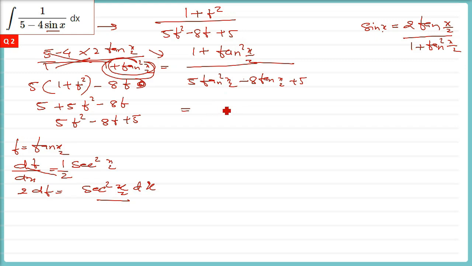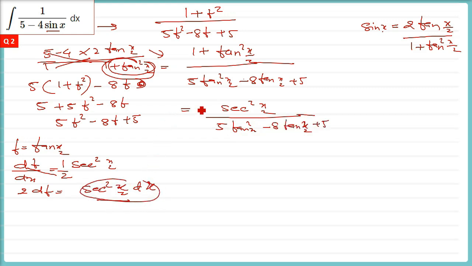So in place of 1 plus tan² x/2 you can write sec² x/2, and this sec² x/2 dx you can write as 2 dt. So 2 dt, and in the denominator, because t was taken as tan x/2, this will be 5t² minus 8t plus 5.